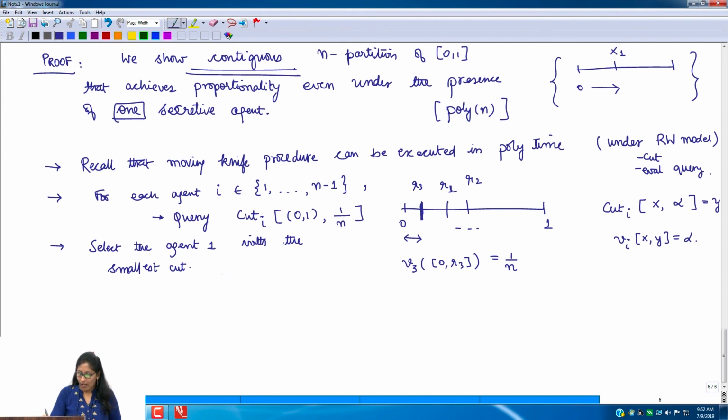So this is basically the argmin over all n minus 1 agents for this particular query. Let's say this is agent 1, it can be any agent, i star or let's say i1.